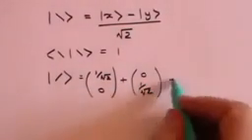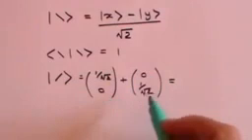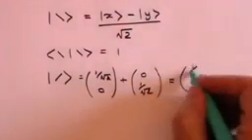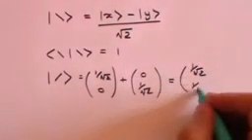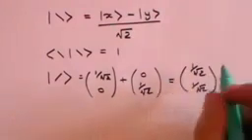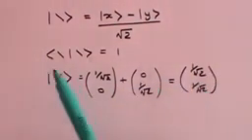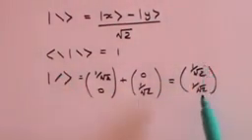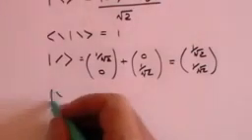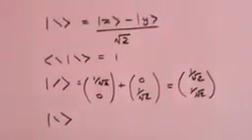And remember, the addition is you just add the two top numbers and you add the two bottom numbers, so that's going to give you 1 over root 2 and 1 over root 2. So the vector representation for a forward slash is 1 over root 2 and 1 over root 2. If you want the backslash, well, we've already shown what that is. It's x minus y over root 2.